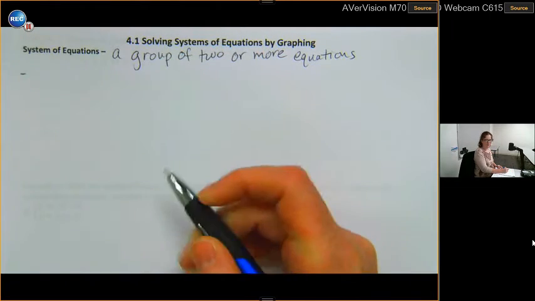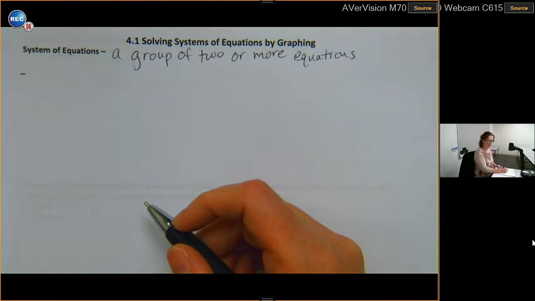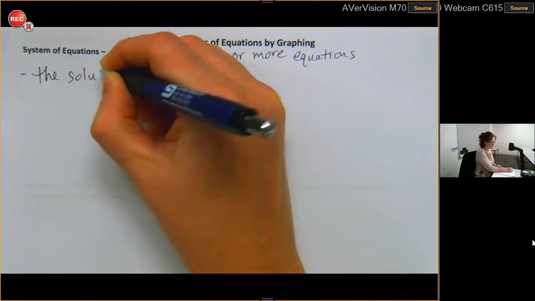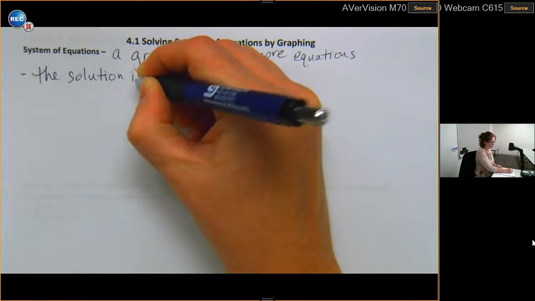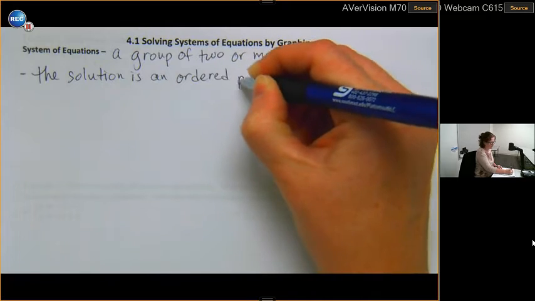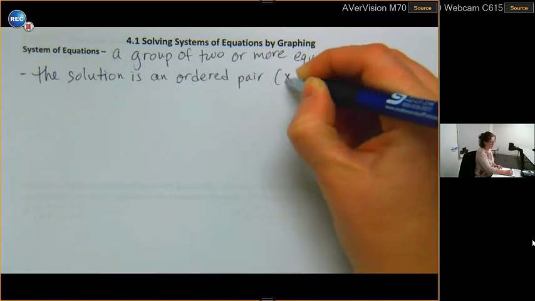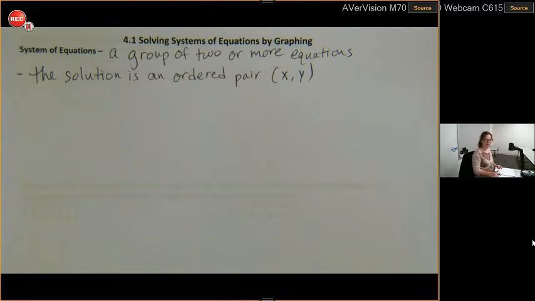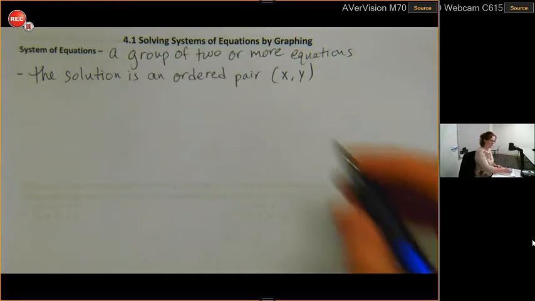The solution to a system of equations is an ordered pair of the form x comma y, and what's important is that that ordered pair works or satisfies each equation in the system.